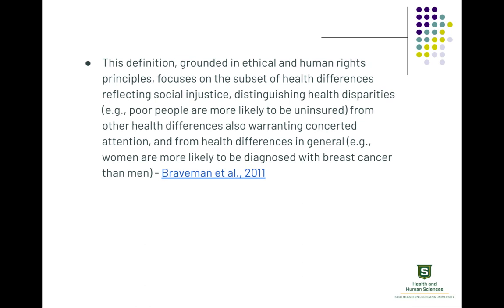A case in point: if you have an uneducated parent, the likelihood that you will stay uneducated yourself is pretty high. But for people who have highly educated parents, the likelihood that you are going to become highly educated yourself is very high.